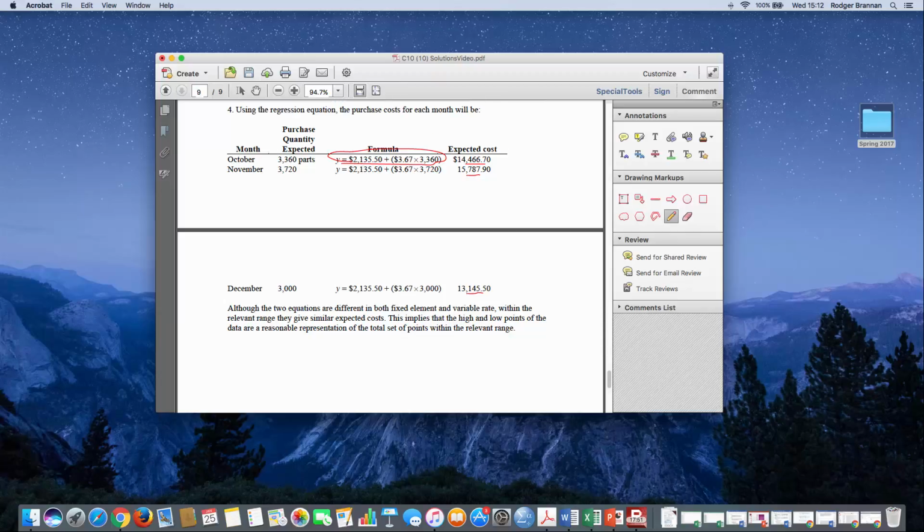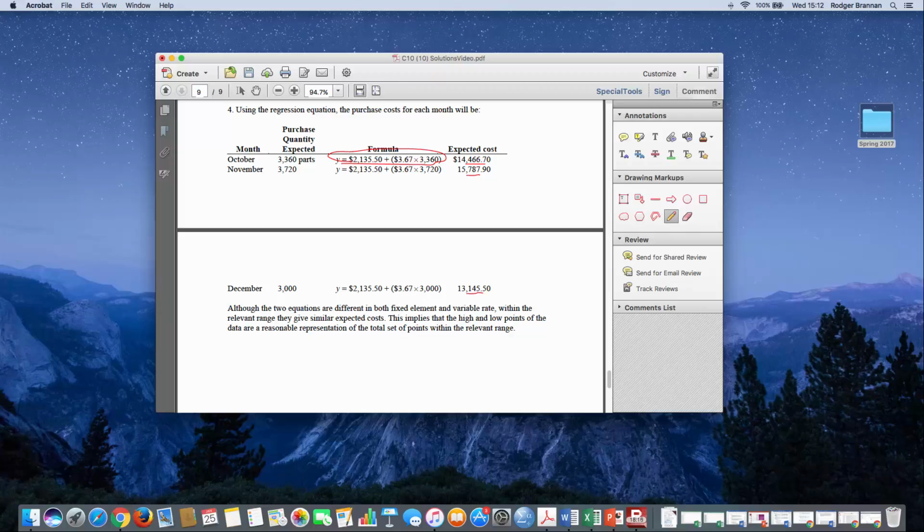Technically, regression would always be a better predictor because it uses all of the data points rather than two. Regression is a little bit stronger in that respect. Again, you can measure the strength of the association through R squared.